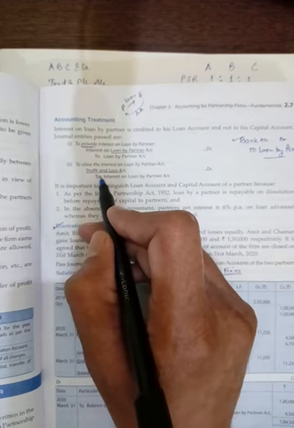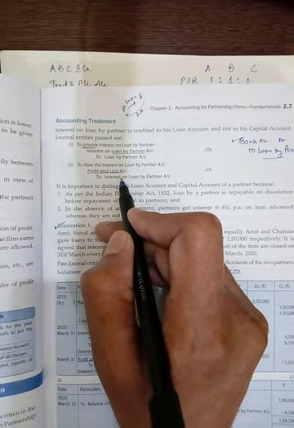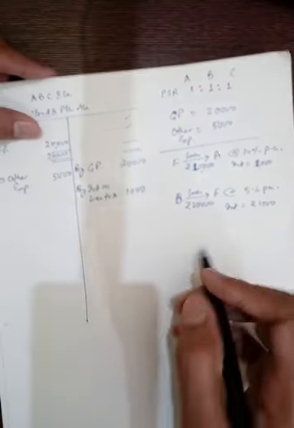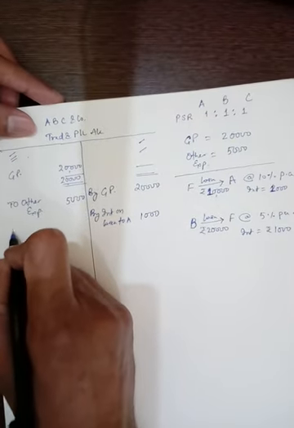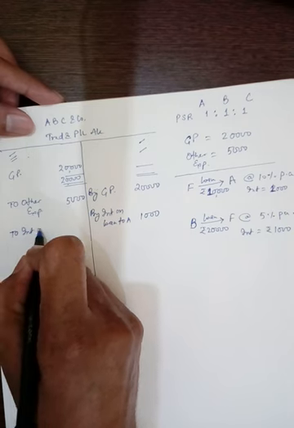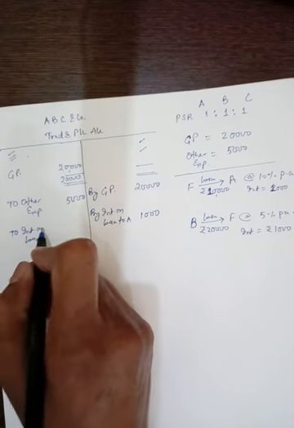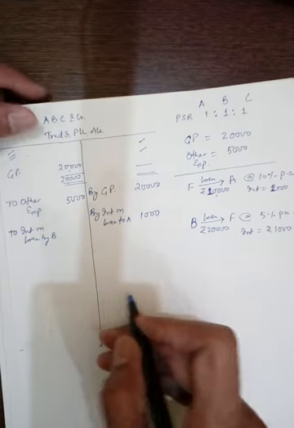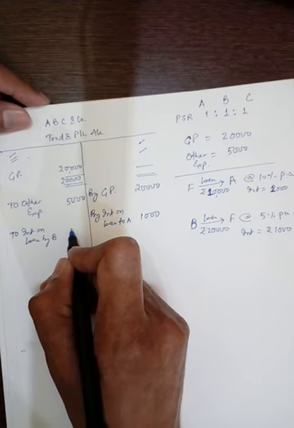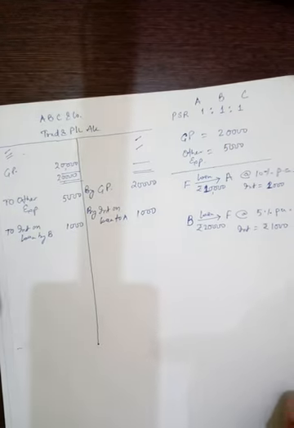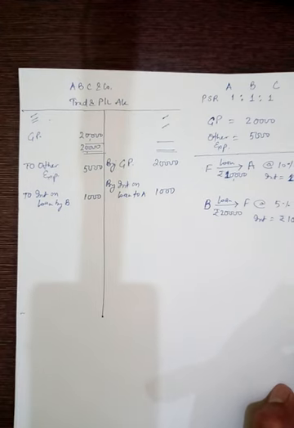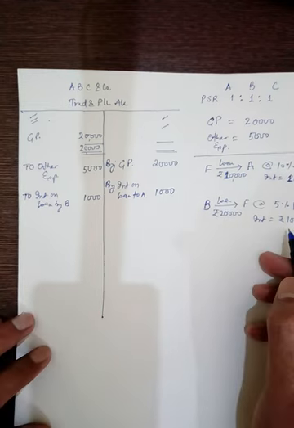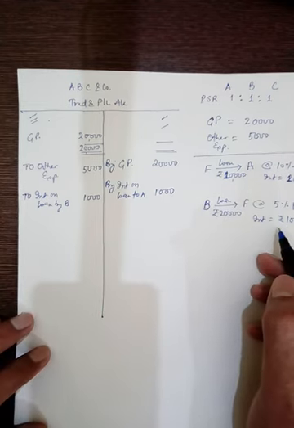So this 1000 will be transferred to the debit side of profit and loss account, to interest on loan by B. So 1000 is an expense for the firm.